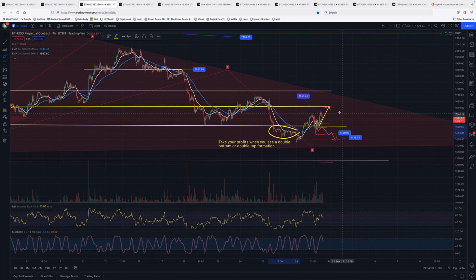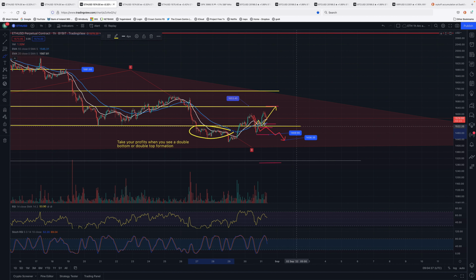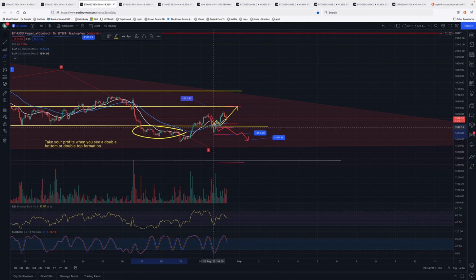But this looks like where it is right now, the space that it back tested and it's holding, it looks like it's going to go to the 1650.